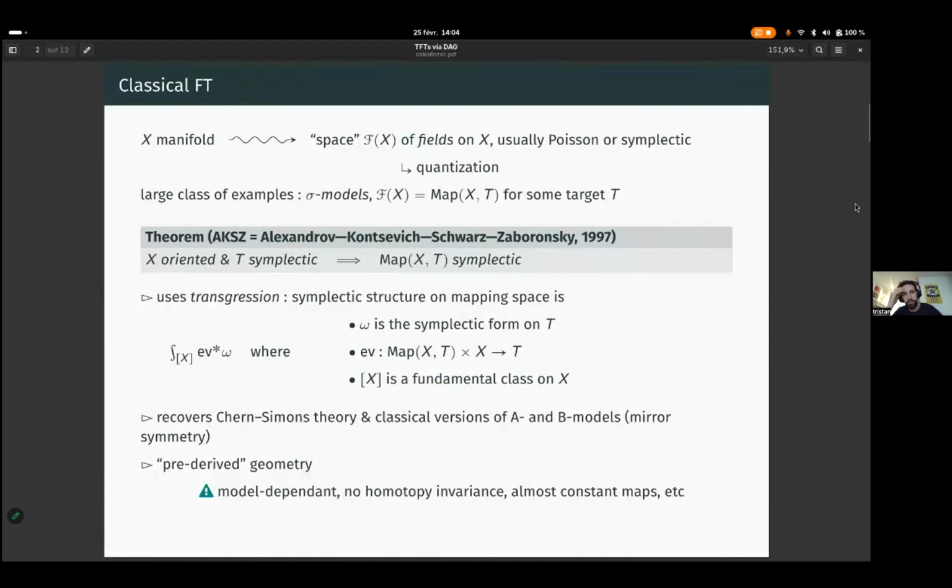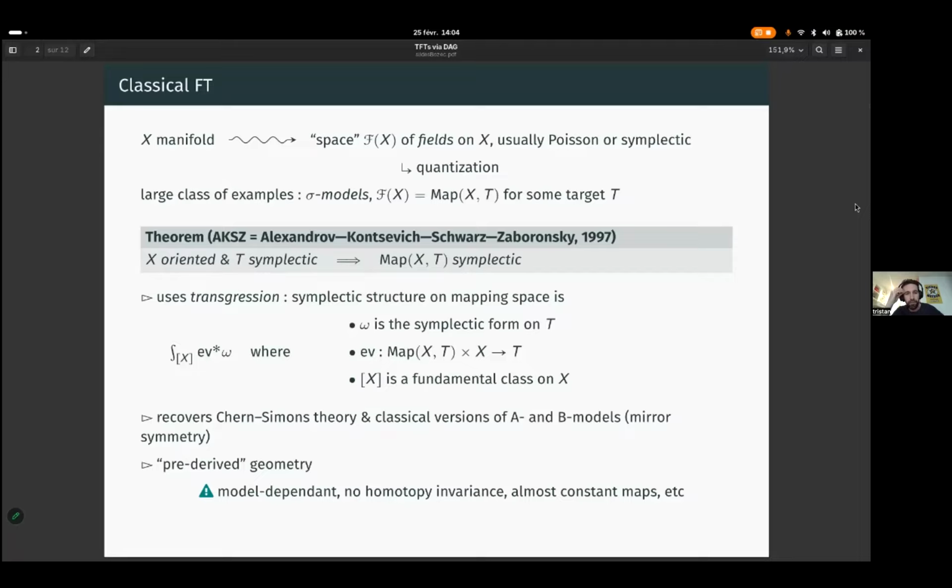All right, so the beginning of the story, from a personal perspective, is the so-called AKSZ construction, from Alexandrov, Kontsevich, Schwarz, Zaboronsky, of course induced by many physical perspectives.